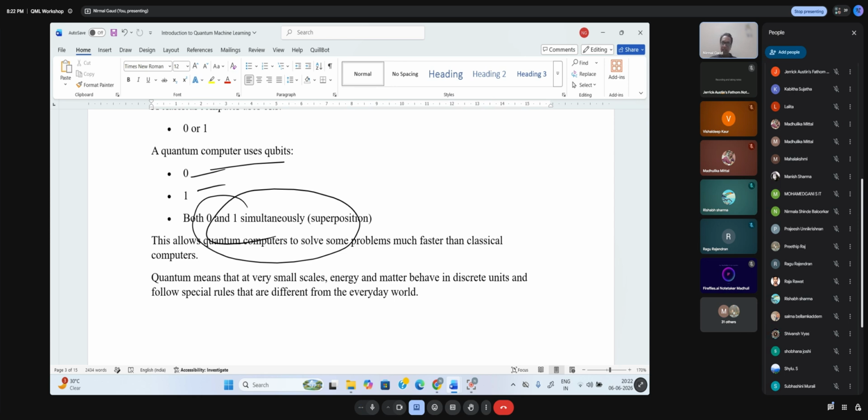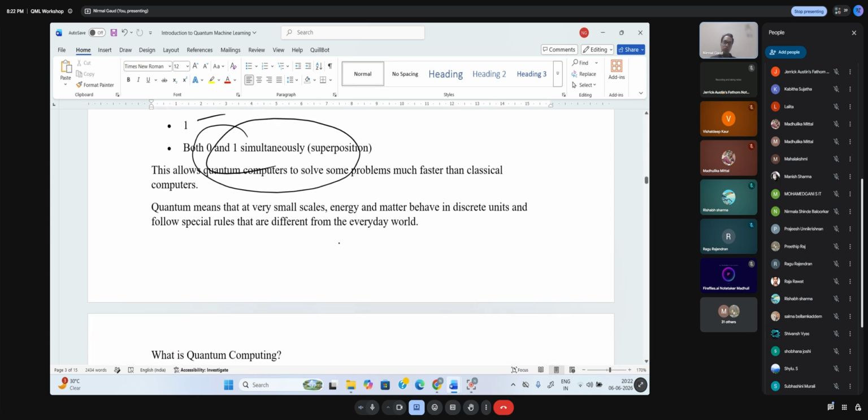This allows quantum computers to solve many problems faster than classical computers, because classical computers have to wait for an expected outcome, 0 or 1. But with multiple states, quantum can work.